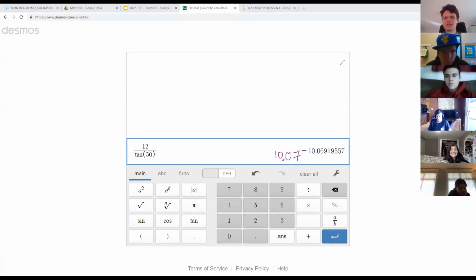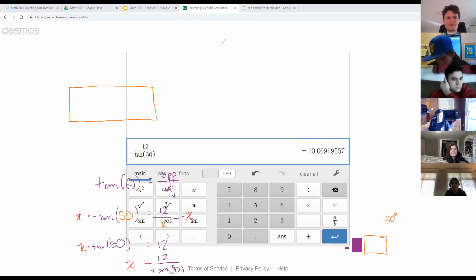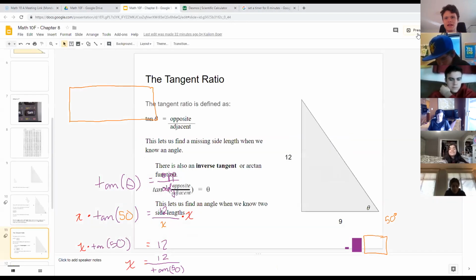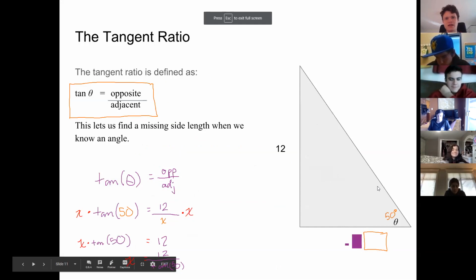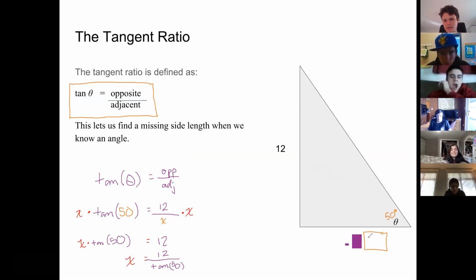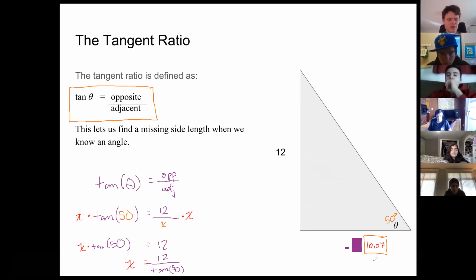And that tells us that the length of this side, we found it, is 10.07. All right. So what we did is we just used a side length and an angle to find another side length. Something you have never done before, maybe.